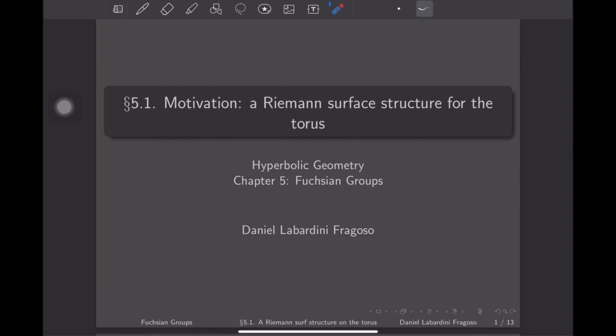One of the main features of Fuchsian groups is that they give rise to Riemann surfaces in very concrete ways. That is, they allow us to construct Riemann surfaces in very concrete visual ways.